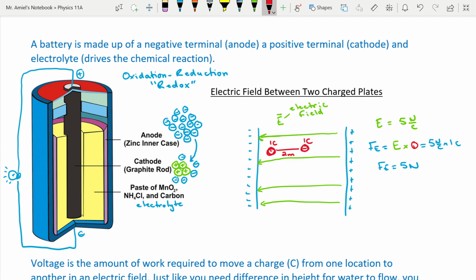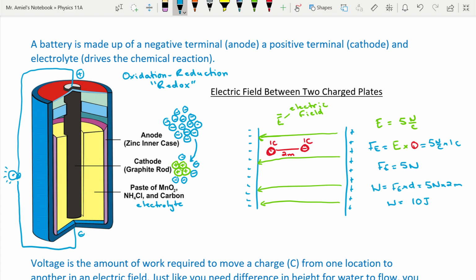Okay, so we can say, well, we know we've got a force of 5 newtons, and we know that work is equal to our force times our displacement, and so we are going to get 5 newtons times that 2 meters, and we are going to get our work is equal to 10 joules.